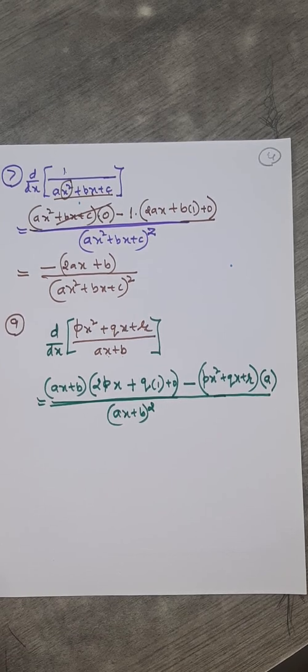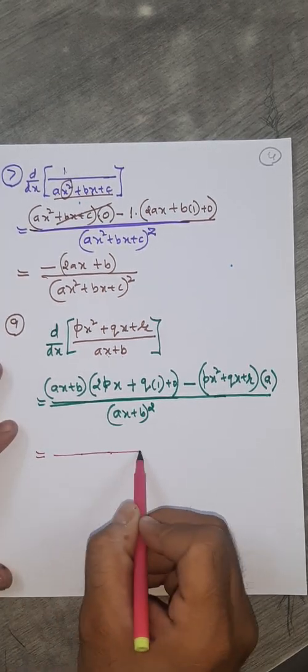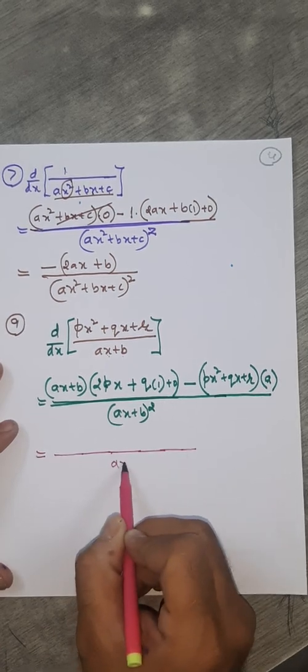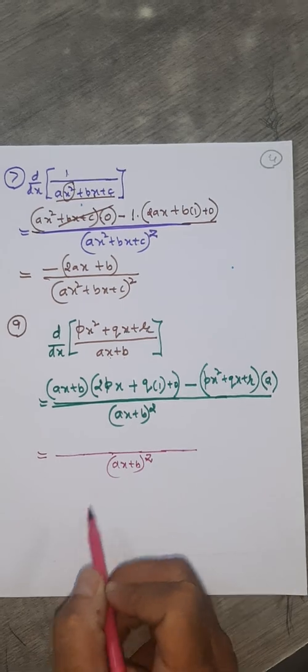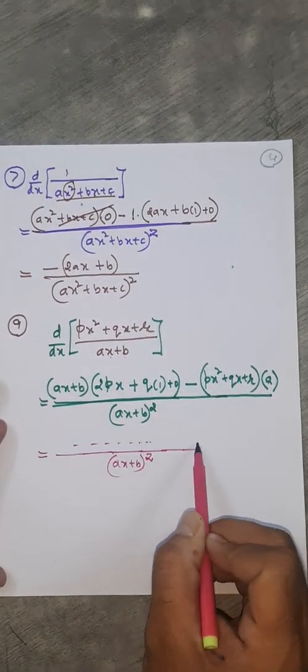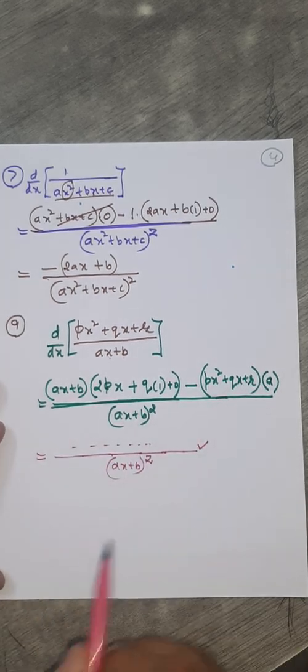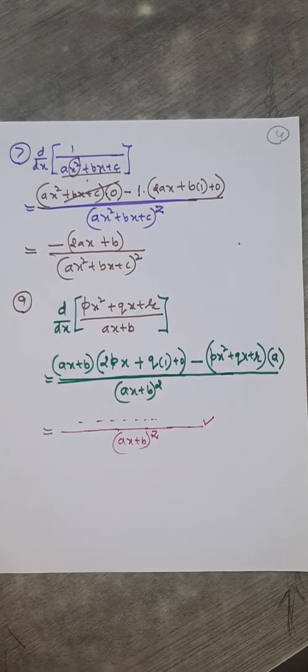So this is a very important step. Now what you need to do? You just need to open the numerator bracket and simplify. Denominator expression as it is, (ax plus b) the whole square as it is. You just open this bracket, simplify and check your answer. So that much you can do. Okay.